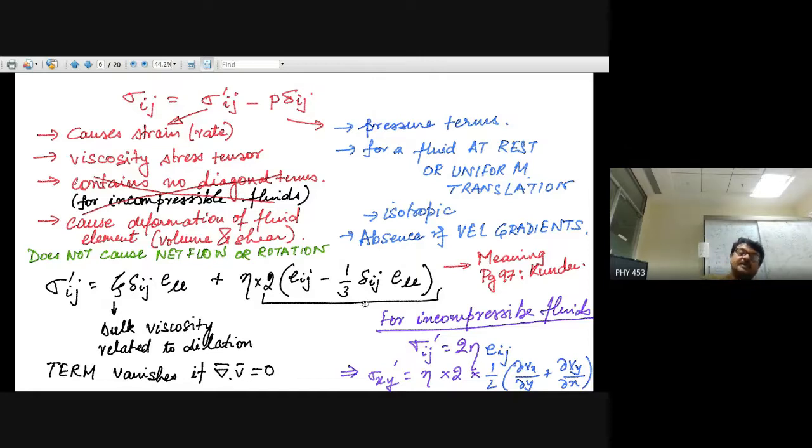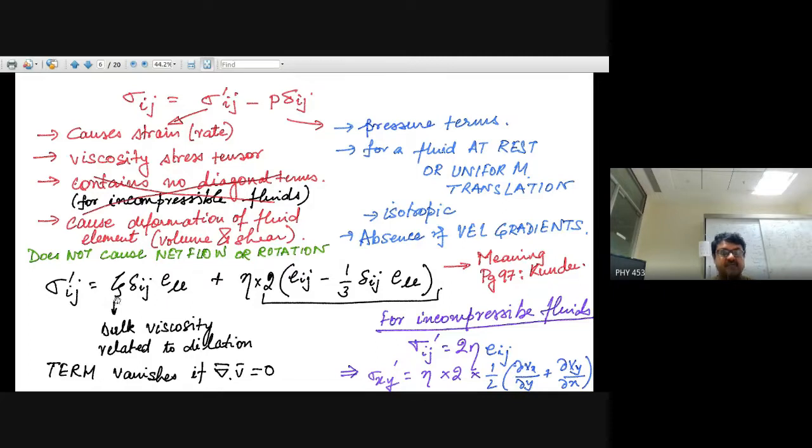This can be written as the stress tensor. The viscous stress tensor has a coefficient which is called bulk viscosity, which is related to dilatation, or dilation. We'll just use the word dilation, associated with the volume change part, and a shear viscosity term.